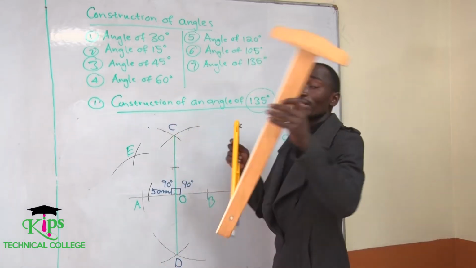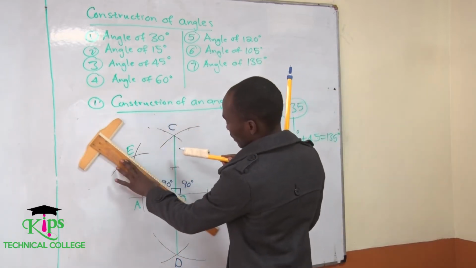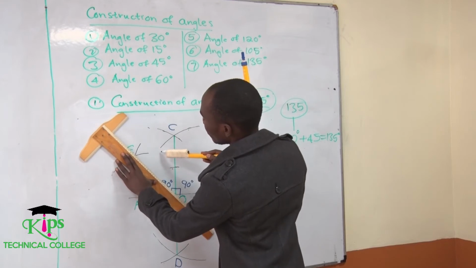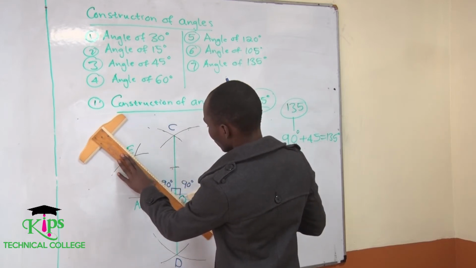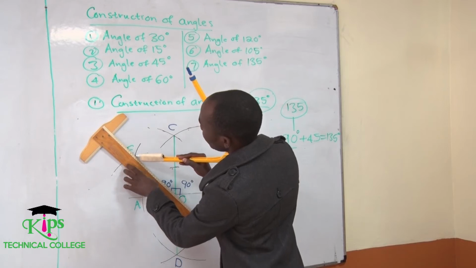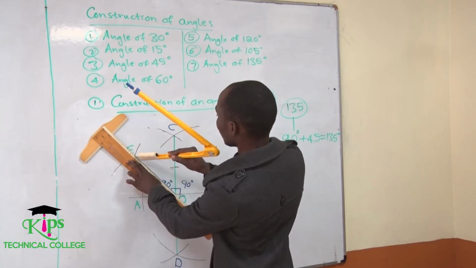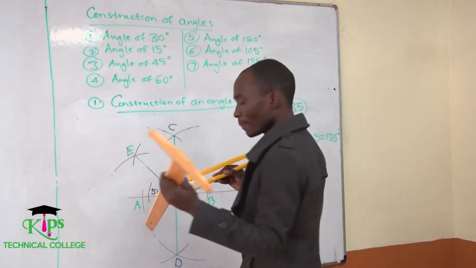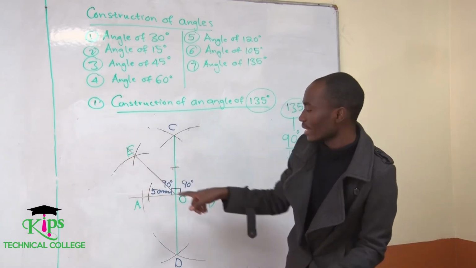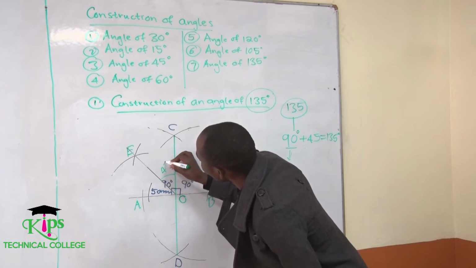What I should do is take up my ruler like this, then join from center O. You can see that I've joined E, where my arcs intersected, to center O. So this angle is 45 degrees.